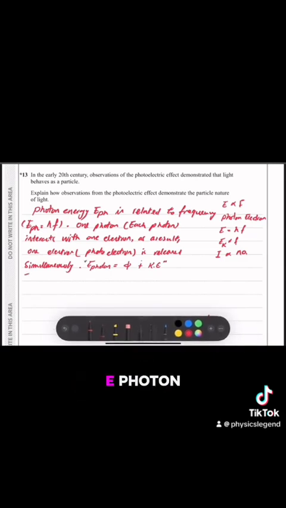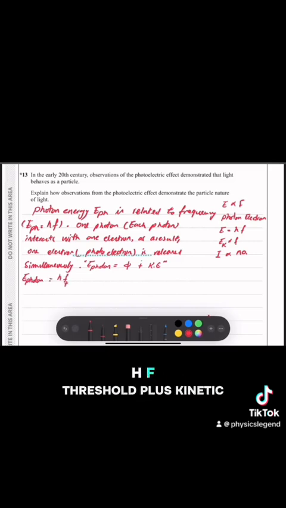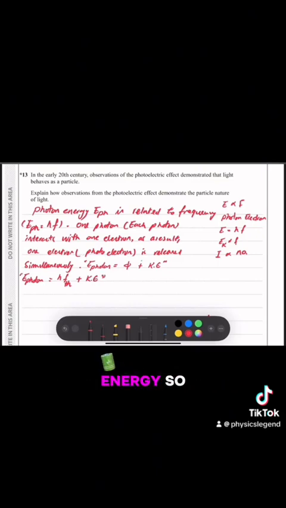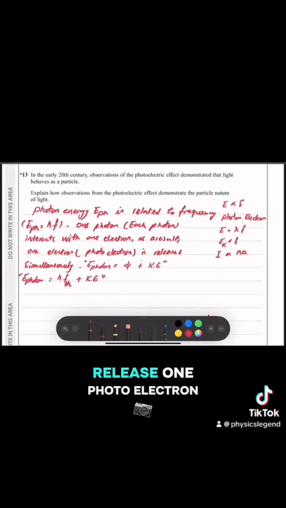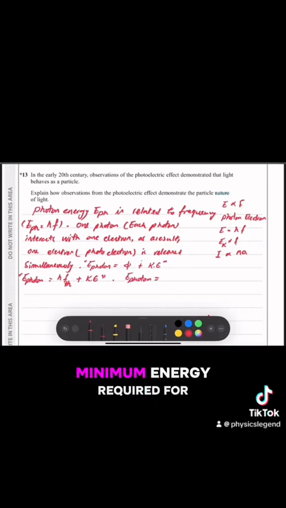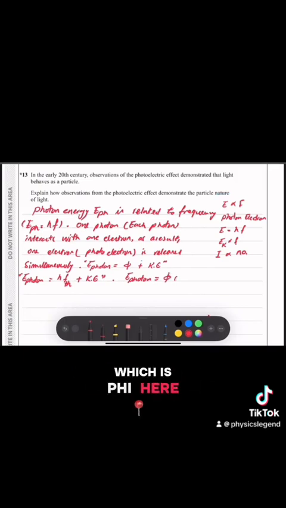So E photon equals phi, which is hf threshold, plus kinetic energy. So if you want to release one photoelectron, your energy of photon must be equal to the minimum energy required for this release, which is phi. Phi here is the work function.